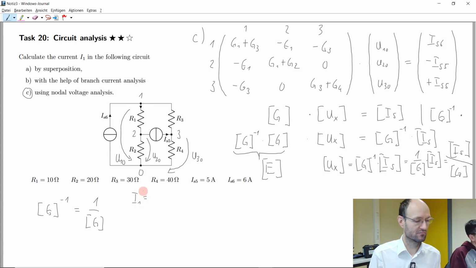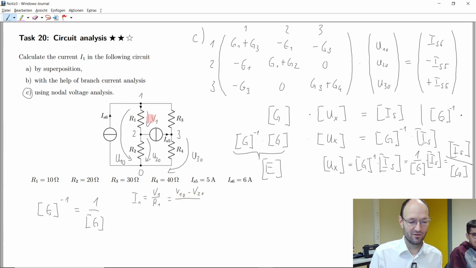We would first need to have this first voltage here, and then if we divide the voltage by the resistance, we would get this current, and then how can we get the voltage? U10 minus U20. Exactly. So we take V10 or U10. I'm so sorry.